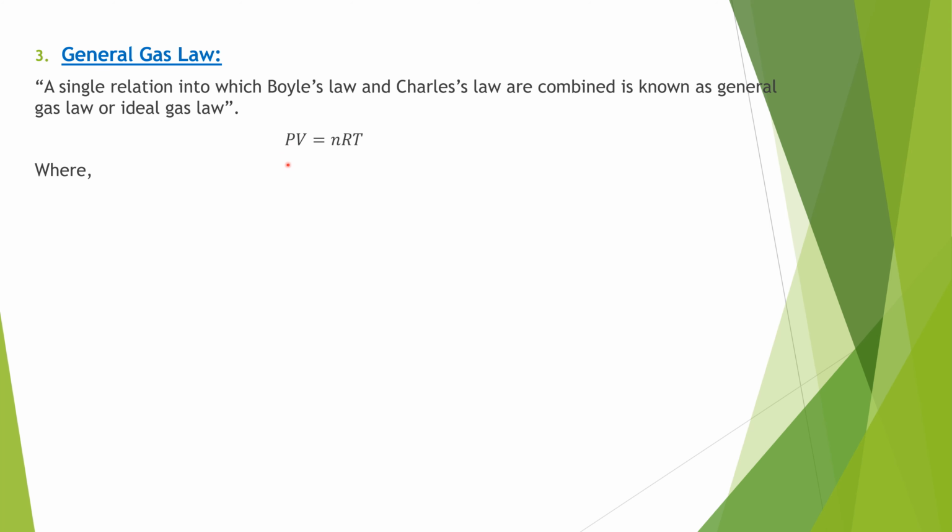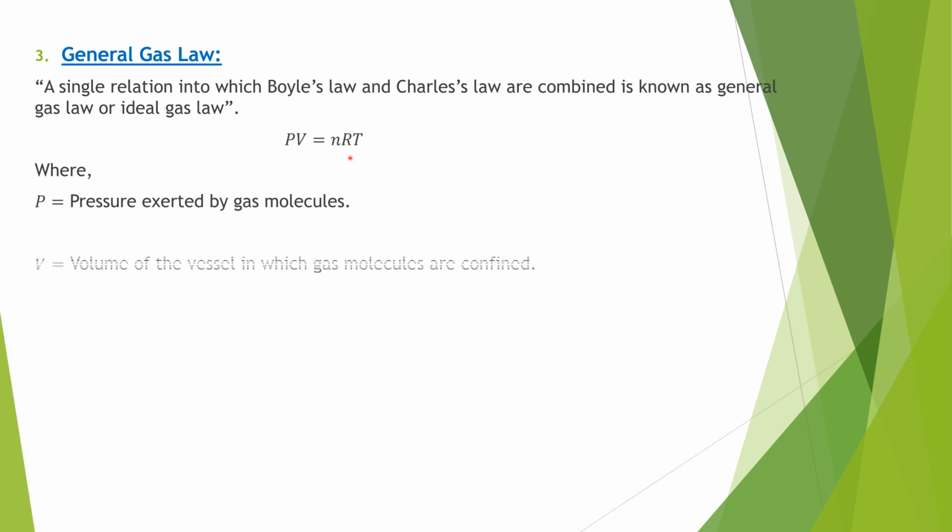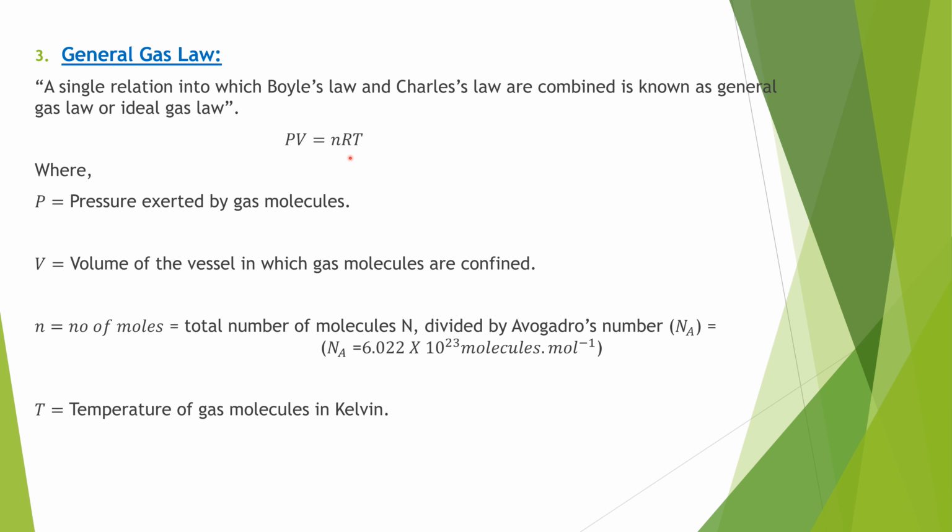According to this law, pressure into volume is equal to nRT. Here P is the pressure of the gas, V is the volume of the vessel in which the gas is confined, n is the number of moles, T is the temperature of the gas in Kelvin, and R is the universal gas constant.